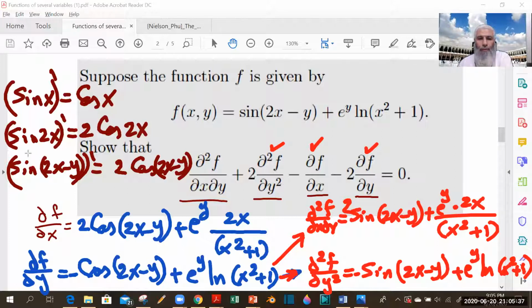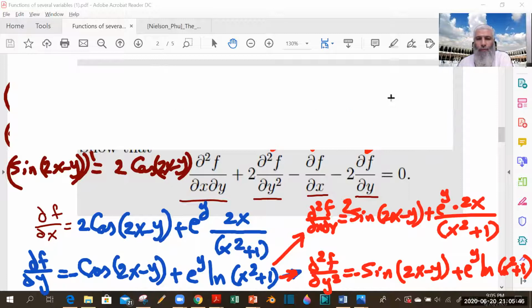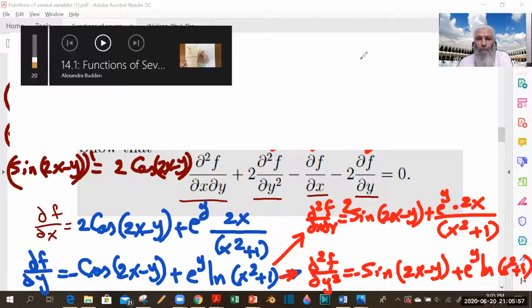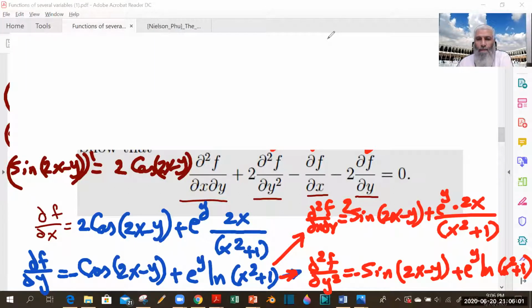Bismillah ar-Rahman ar-Rahim. d2f/dx dy is here, right?